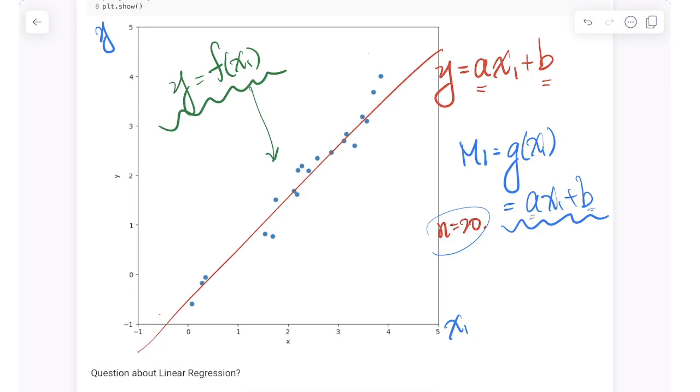And as I mentioned before, there could be some other model, for example M2. It is g M2 of x1, which is a x1 plus b, with parameters a M2 and b M2, while this one is a M1 and b M1.